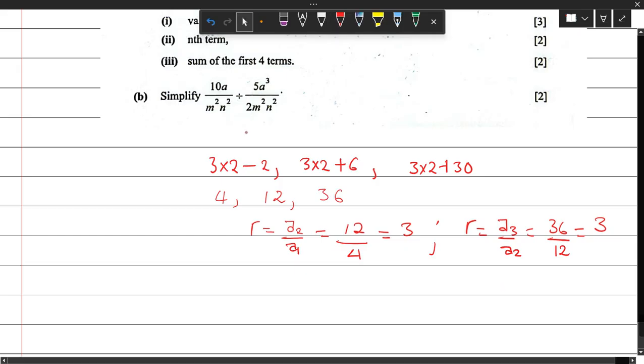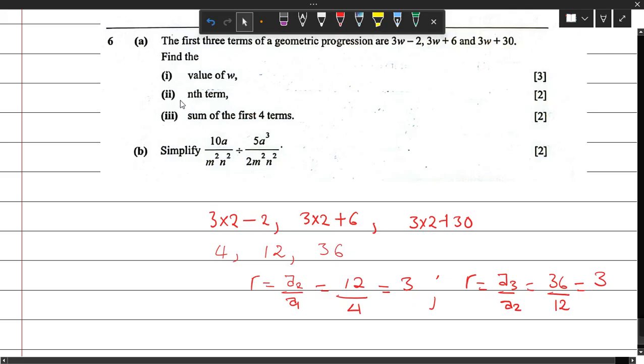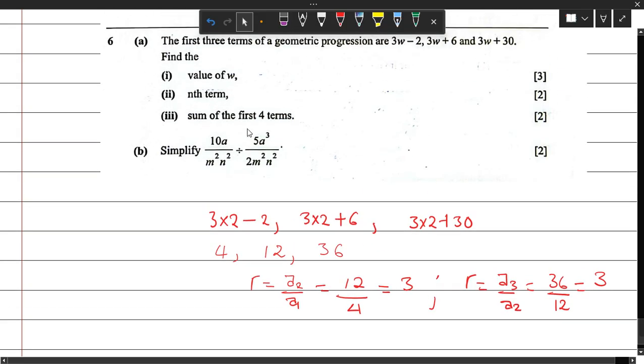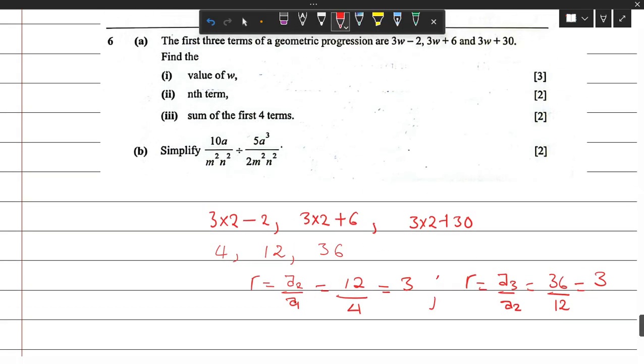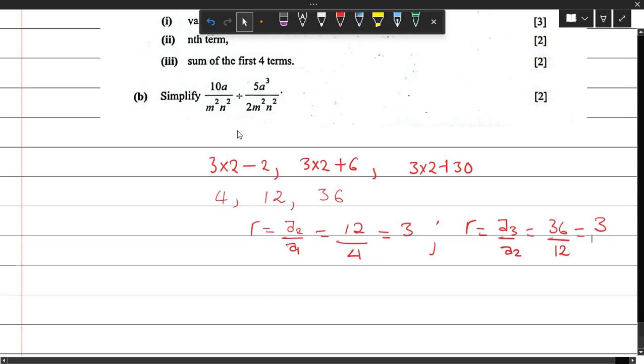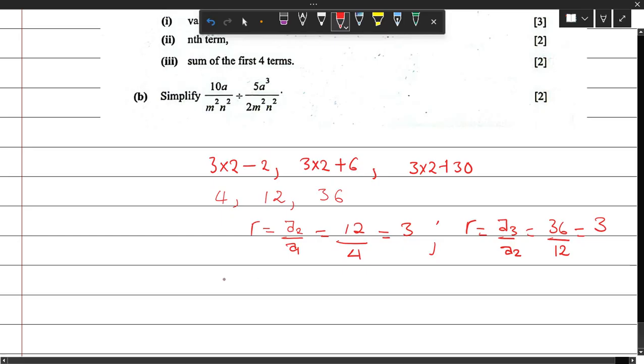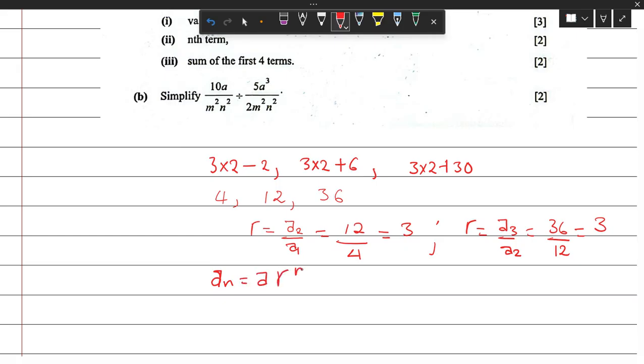Okay, so now the nth term. We need to write the formula for the nth term. We don't know what the nth term is, but we know the common formula is an equals first term times r to the power n minus 1.